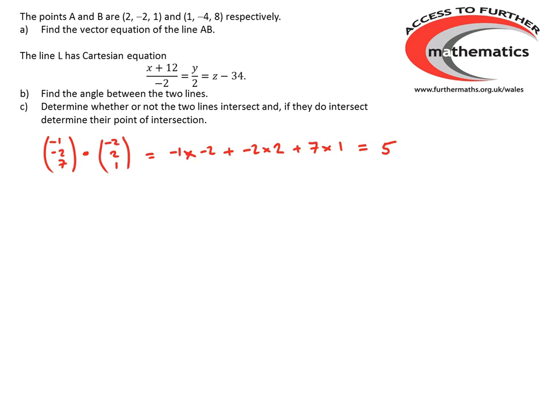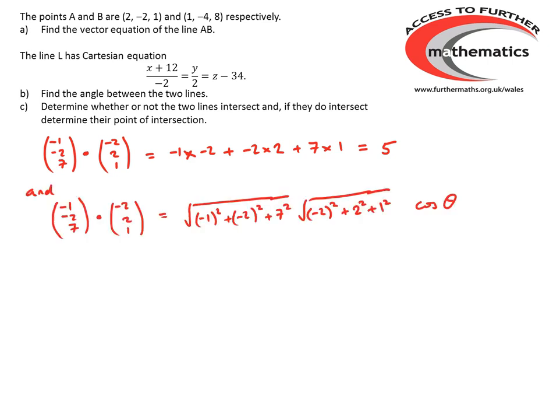So it's very easy, first of all, to calculate the value of that scalar product. -1 times -2 plus -2 times 2 plus 7 times 1 gives me 2 plus -4 plus 7, which gives us 5. On the other hand, we know that the scalar product is the length of the first vector times the length of the second vector times cos theta, where theta is the angle between the two vectors.